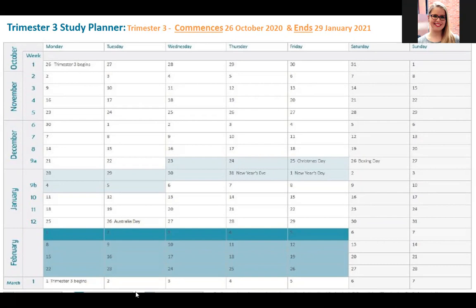We just have another question which I will be able to answer. When will we be allowed to study on campus? At the moment, there is no face-to-face teaching due to the Australian government restrictions, but also our borders are closed. Once face-to-face classes are allowed to resume, we will be resuming face-to-face classes on campus.